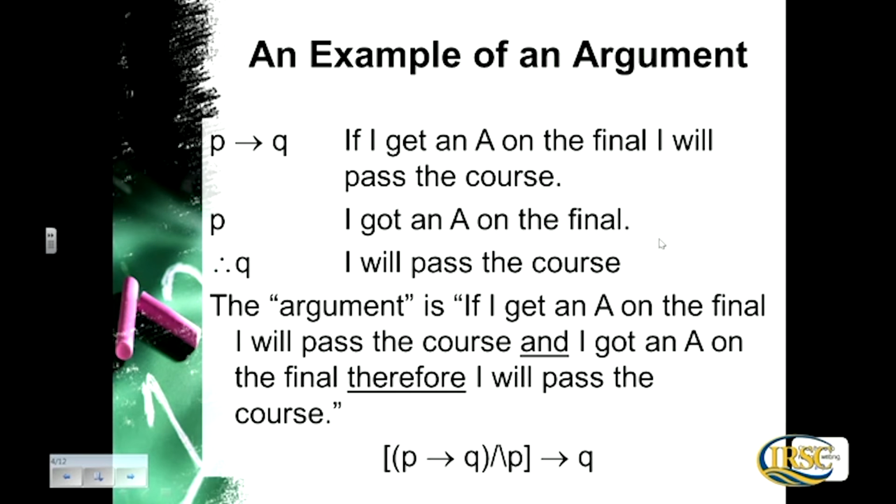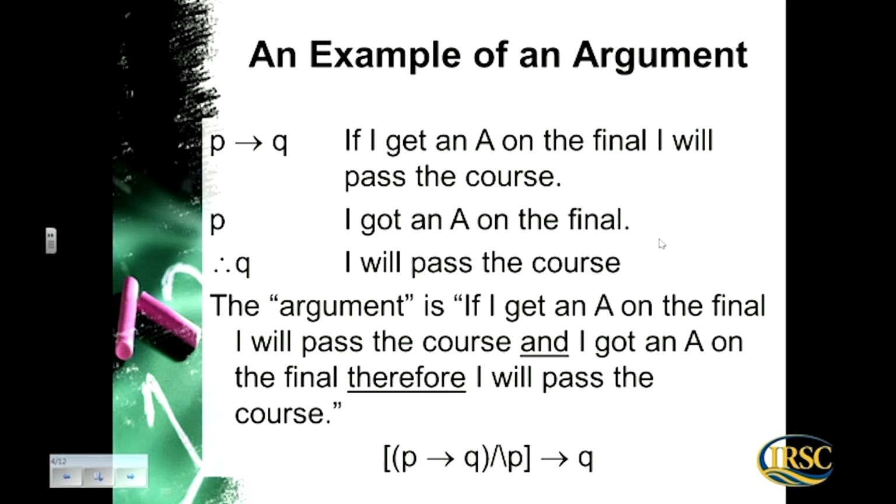If I get an A on the final, I will pass the course, and I got an A on the final. Those are my premises, my first premise and my second premise. Therefore, I will pass the course. That's my conclusion. Notice at the very bottom, I've translated the whole thing into one compound statement.